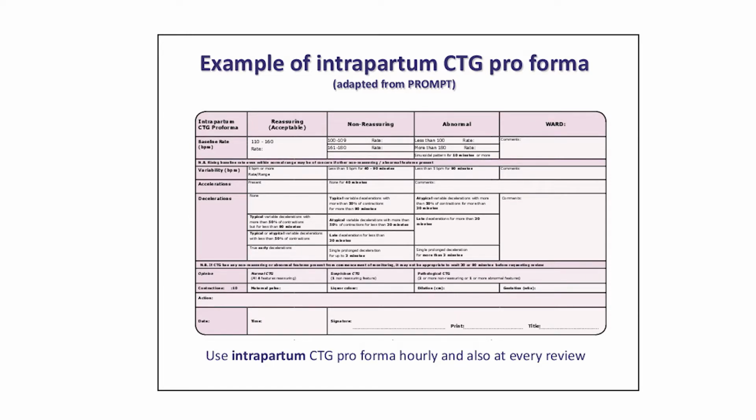You look at the tracing, and it's got baseline rate here, baseline variability running along here, accelerations, decelerations, and contractions running along here, and it lists out the criteria from NICE, what reassuring is, what non-reassuring is, and what abnormal is. And you come along as a midwife or an obstetrician and you just circle.